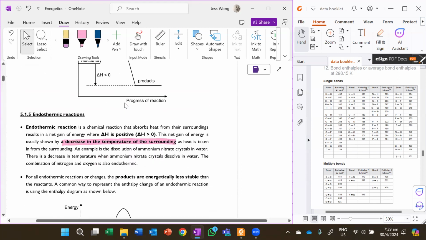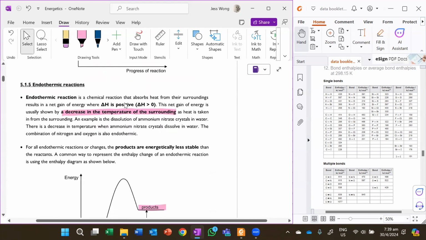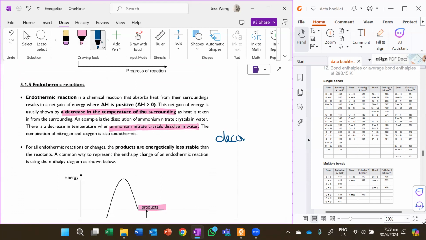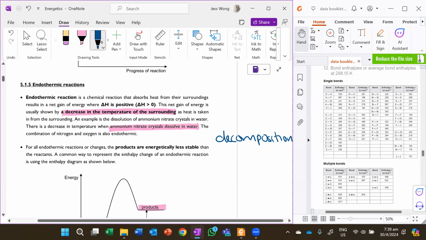All right, endothermic reactions. Some of the endothermic reactions that you need to know, for example, will be the dissolving of ammonium nitrate crystals in water that makes your instant ice pack, and also reactions like decomposition. If you are decomposing calcium carbonate, you'll be heating calcium carbonate strongly to form calcium oxide and CO2.